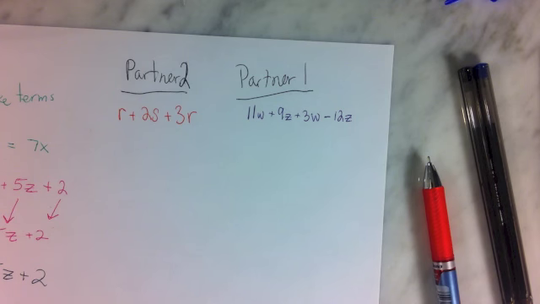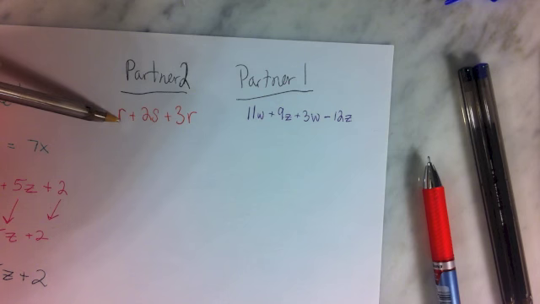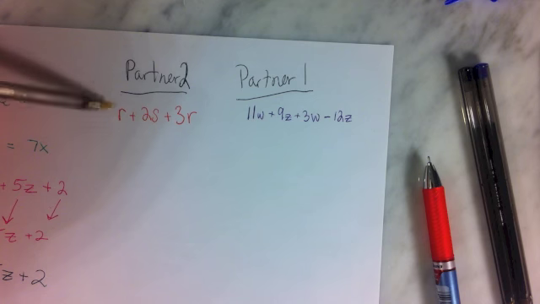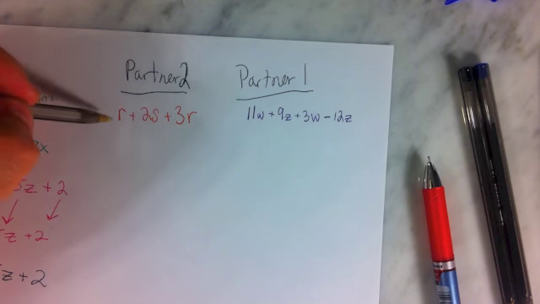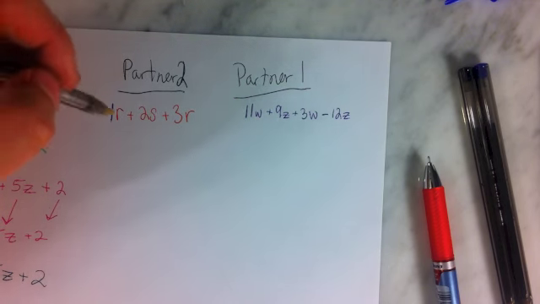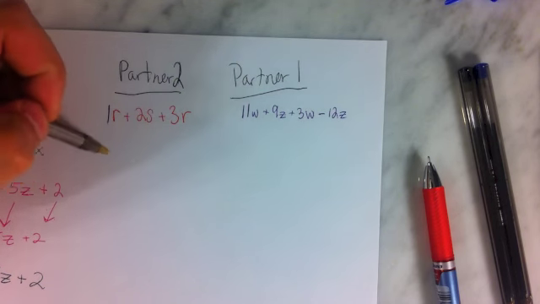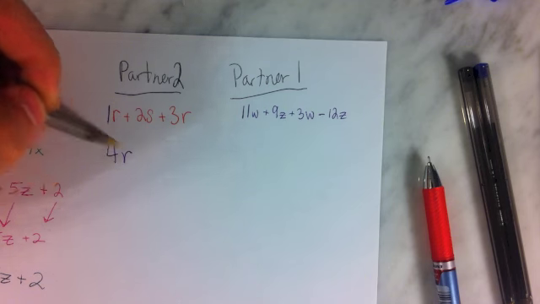Okay, you guys had enough time to go for them. Let's still go ahead and make sure our answers are correct. Partner 2, you should have seen that we have an r here and 3 r's right there. So how many r's do I have here? It doesn't say. There's no visible coefficient, but we know there is a 1 right there, okay? Don't forget about the invisible coefficient. So 1r plus 3r gives us 4r.